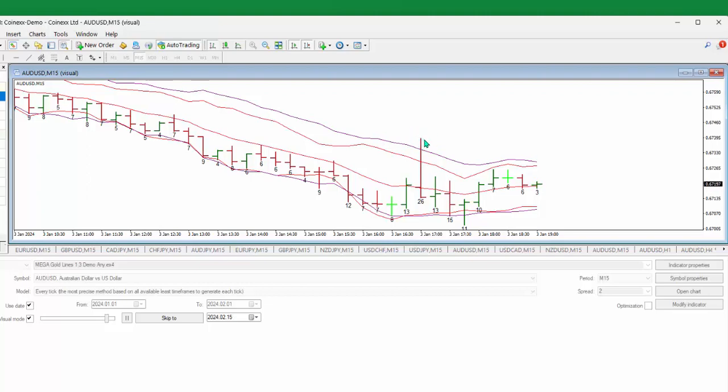Okay, so if you were only using a 15-minute chart to select your entries, what we know is when the price exceeds the boundaries of where it should be trading, it will usually come right back into the area where it should be trading. So that would be a signal for a sell trade.